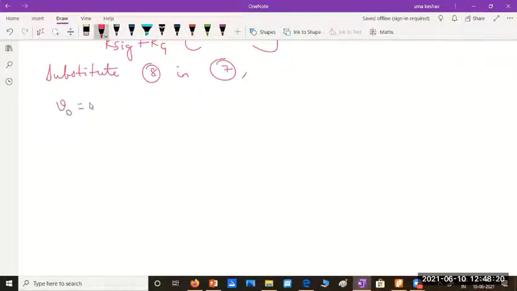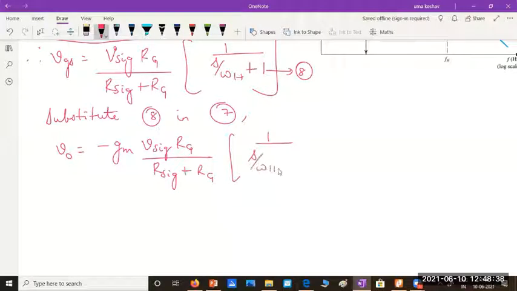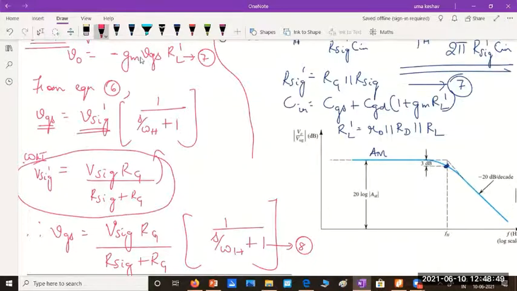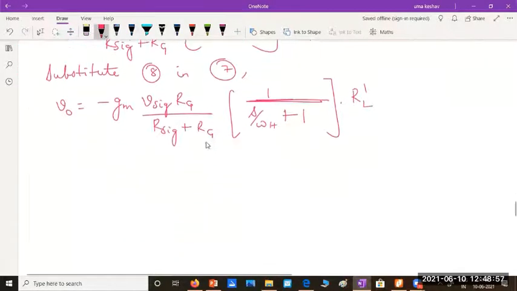You will get the expression for output voltage as minus GM VGS, and I'll write this for VGS: V sig RG by R sig plus RG into 1 by S by omega H plus 1. And here I have RL dash. So see here, minus GM RL dash into VGS. For this VGS, I have given this equation which we have obtained.